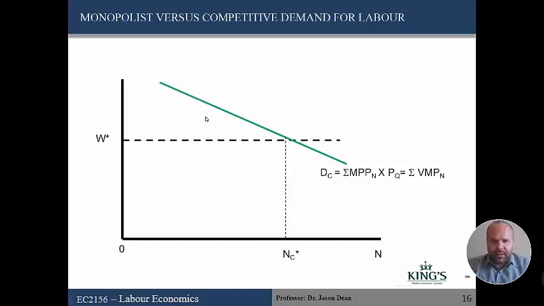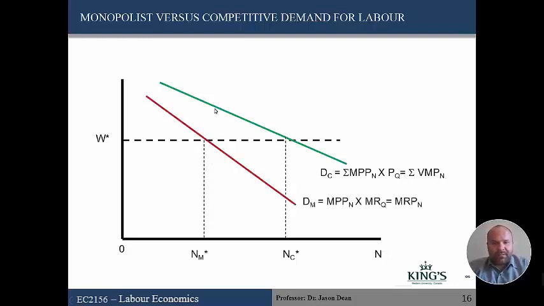So if we were to think of the labor demand curve for a firm in a competitive market, it could look like this. This would be the sum of all the value of marginal product across all the firms.